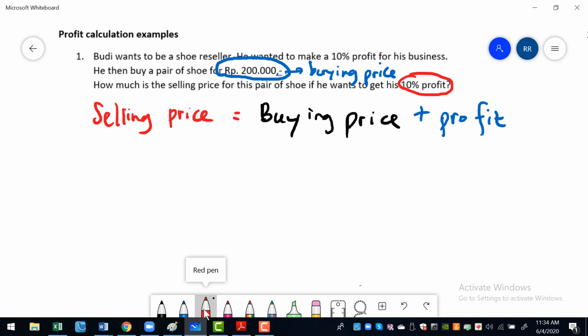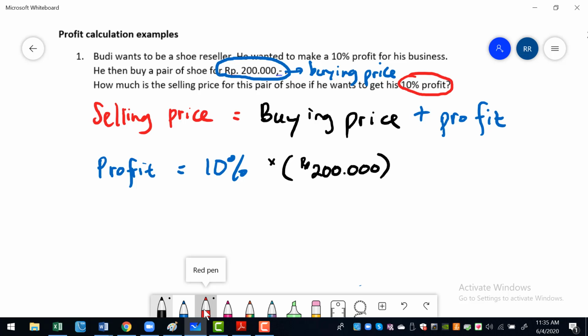So what we need to calculate now is the amount of profit, or the money for the profit that he made. So the profit is 10%. So the question is, 10% from what? Notice that every time you have this kind of question, this 10% means that it is 10% from the buying price. So you only need to multiply that with the buying price, which is 200,000 rupiah.